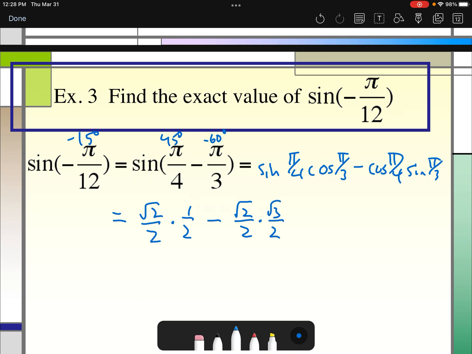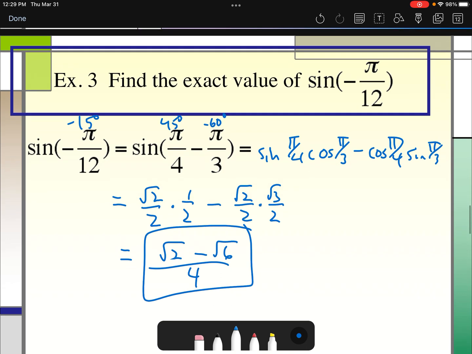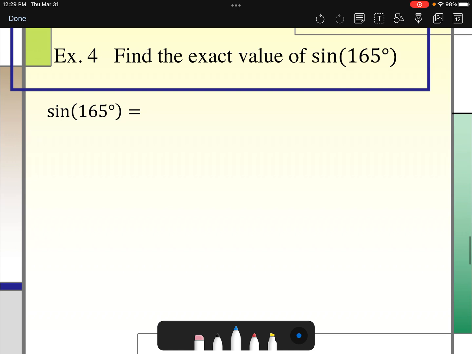And the sine of pi over 3 is rad 3 over 2. So again, it's rad 2 minus rad 6 all over 4. So that is the exact value of the sine of negative pi over 12. And it makes sense because radical 6 is bigger than radical 2, so it's going to be a negative number, which is what y should be in the fourth quadrant.